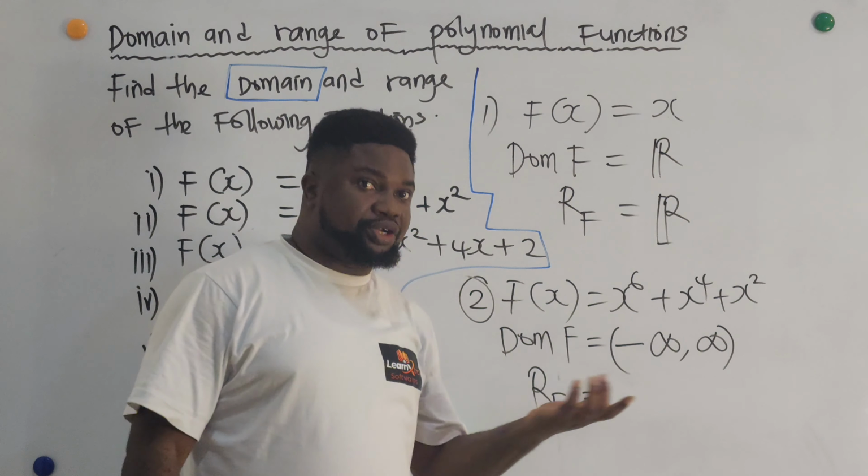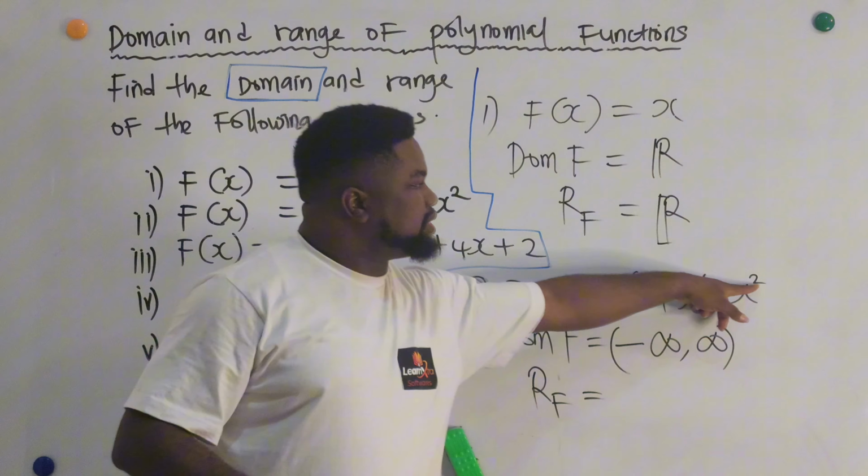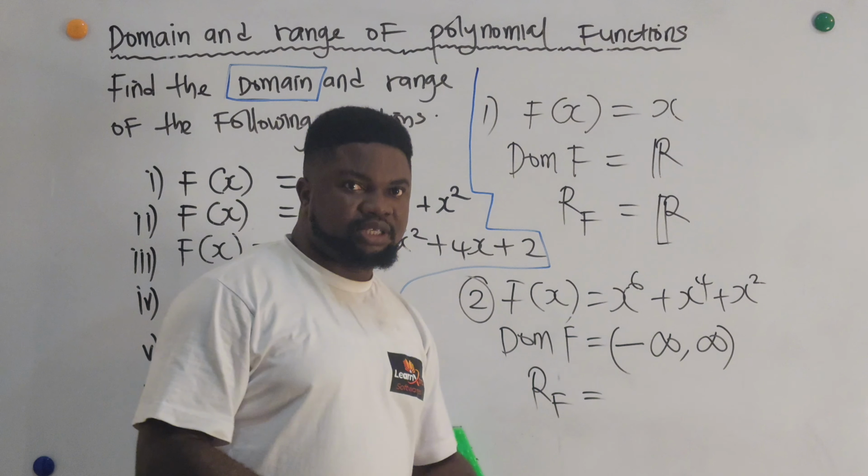If you have complete even powers, then we can't have a negative output from this function. Anything you put inside here, be it -2, be it -5, be it a negative number, when affected by the even exponent, what happens? They become positive.